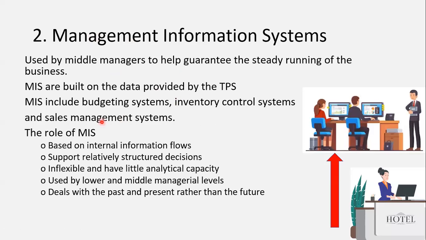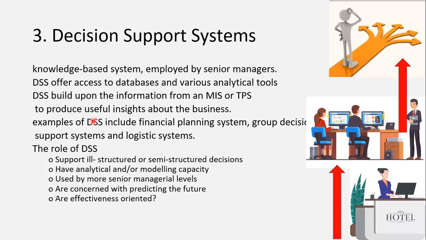So management information systems have a much more sophisticated facade. The third one we discussed is decision support systems, which is how to get some sort of decision based on data, and modeling different things to take a decision.